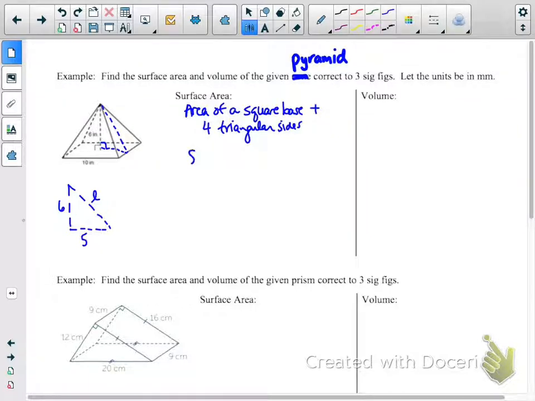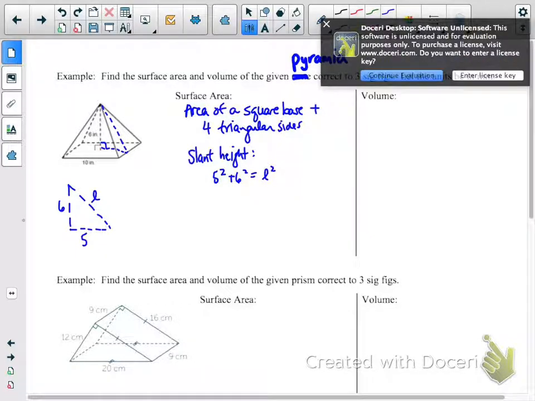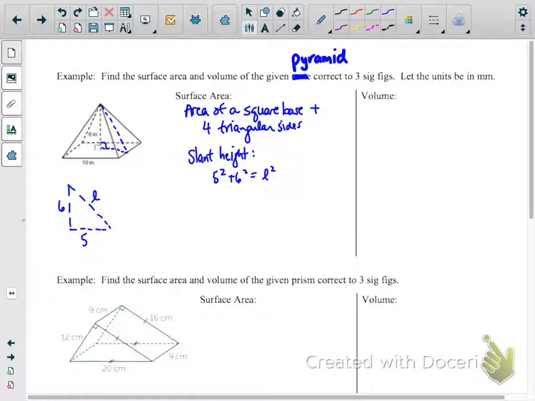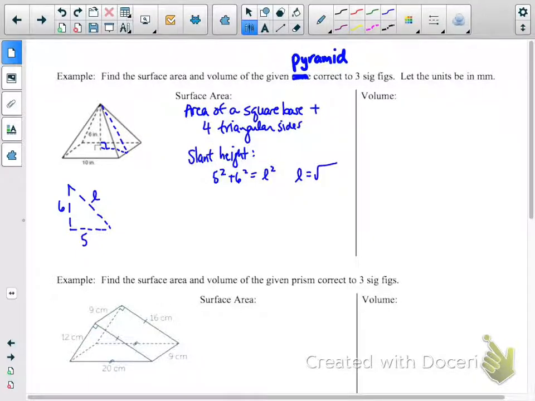So for my slant height, that's going to be 5 squared plus 6 squared is equal to L squared. Now, we really don't want to round this L right now, so when we do the Pythagorean theorem, we end up with L is the square root of 61, and leave it as that till the end.